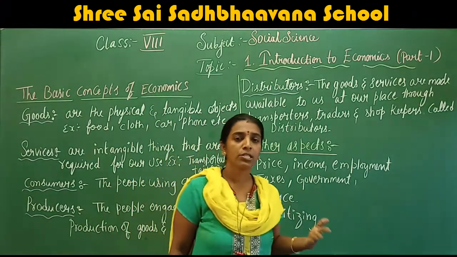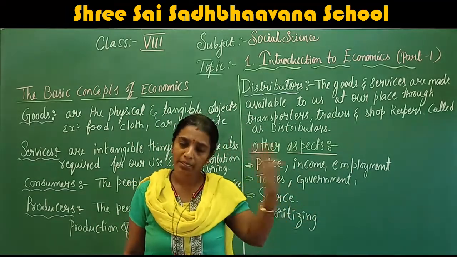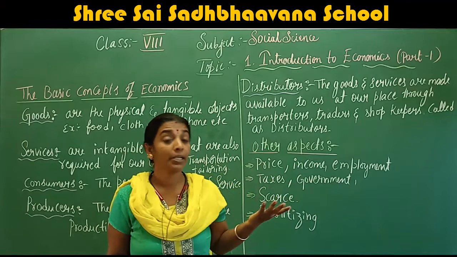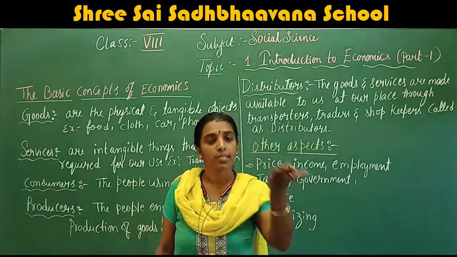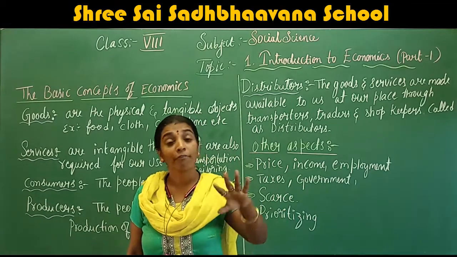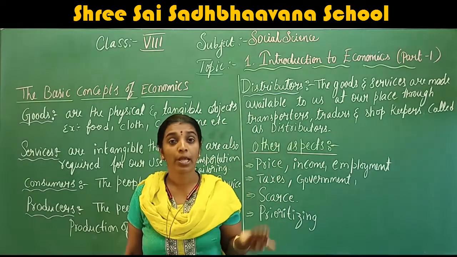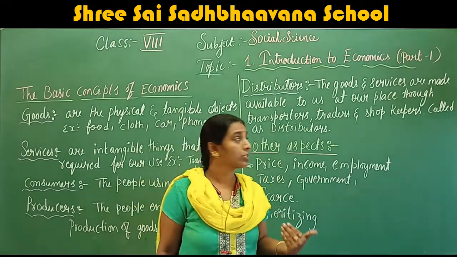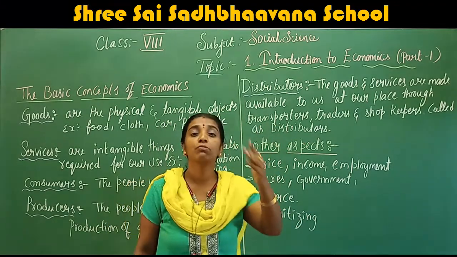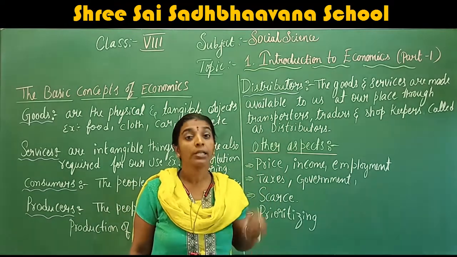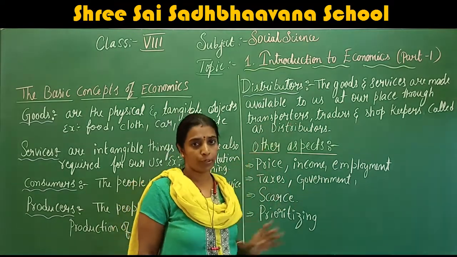No, the industrial area will be separate, somewhere else. Many times we receive goods which are not from our country; they are imported from other countries. So somewhere it will be produced, and through transportation, the transporters, traders, or shopkeepers bring it to us. They are called distributors.